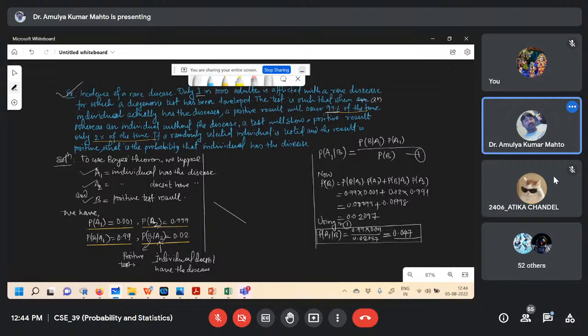That is what is given here, that when an individual is not having the disease, a test will show a positive result only 2% of the time. Means the error is just 2%. So that's why this probability is 0.02. Got it?